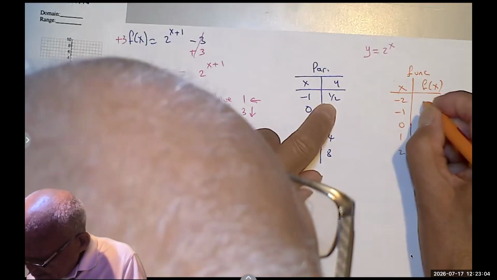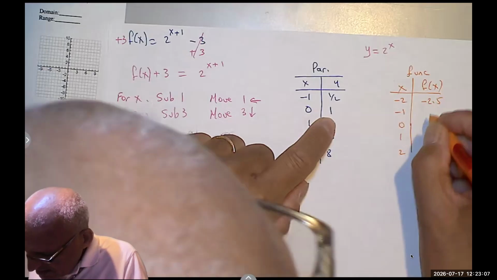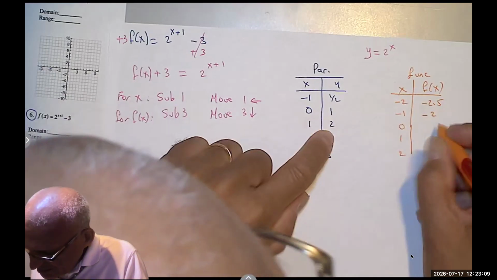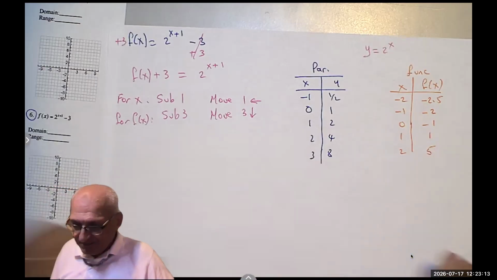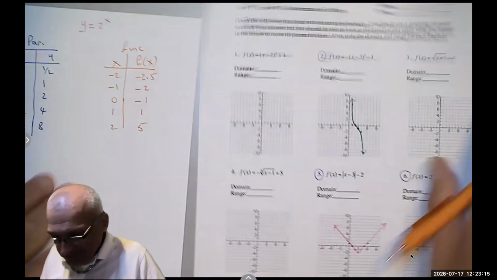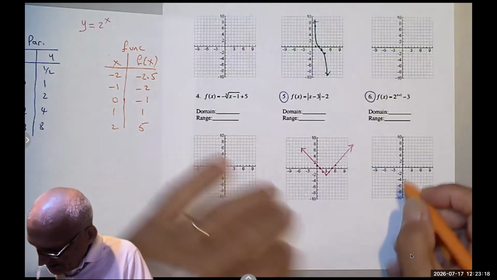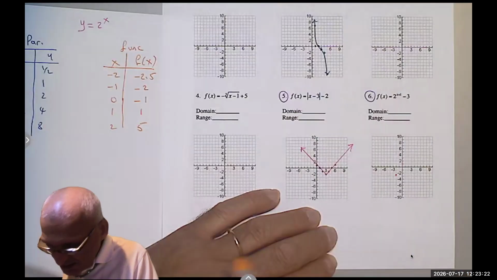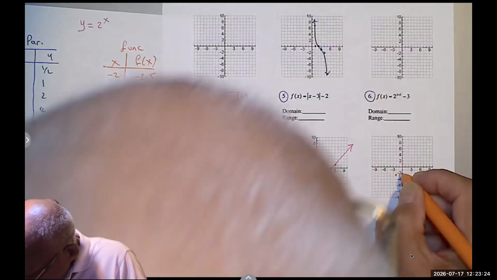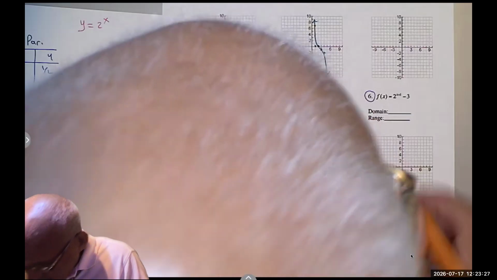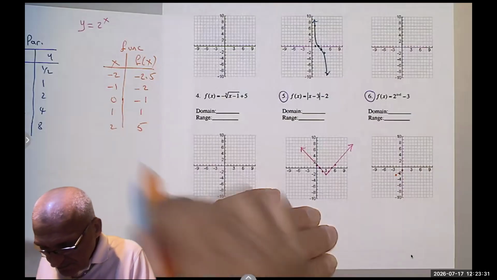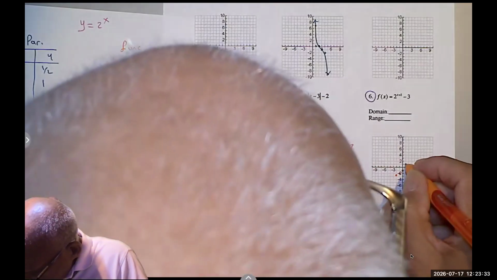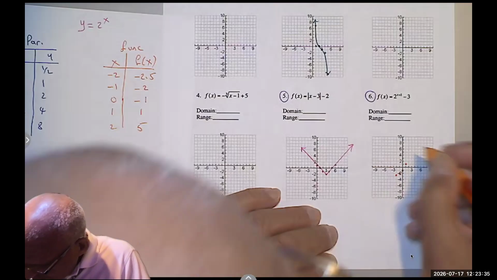So -2.5, -2, -1, +1, +5. So -2 is -2.5, somewhere here. -1 is -2. 0 and -1. 1 and 1. 2 and 5.